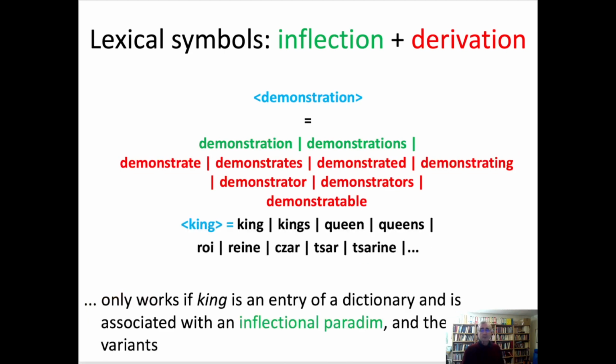But of course NooJ is not intelligent, it's just applying some linguistic resources, and nothing stops any user from building a dictionary, for example, in which you would have a lexical entry such as king, which would be associated with the forms king, kings, and why not queen, queens, and why not roi in French, reine, tsar with its variant, tsarina, etc. So we will see that you can develop a dictionary that contains basically anything that associates any word or any term with whatever you want.